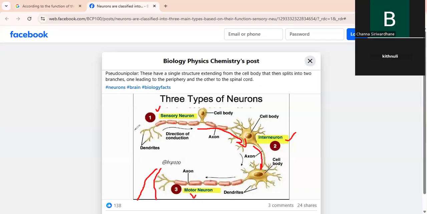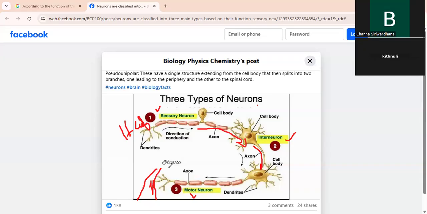Like here, you will sense a high heat. Then it will pass through this, and finally the response should come to our muscles to get our hand or our skin away from the heat.